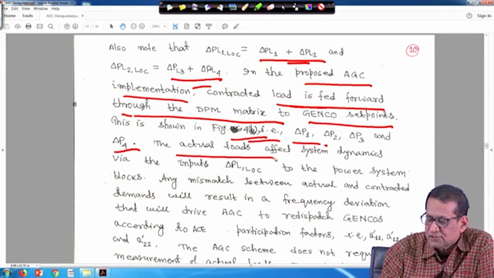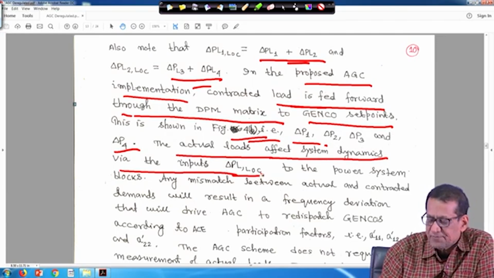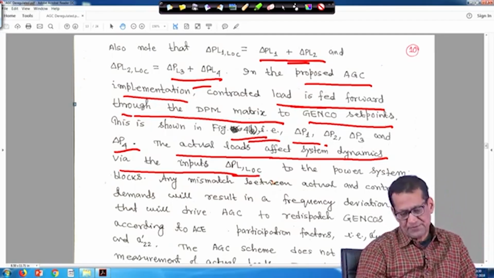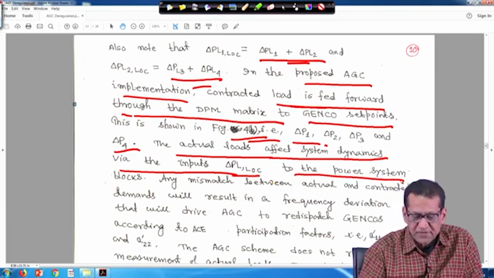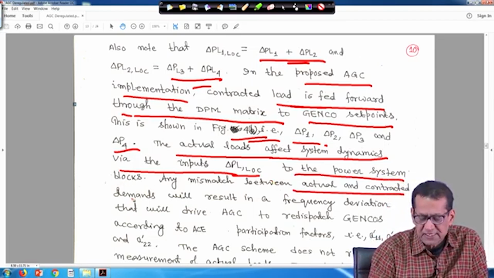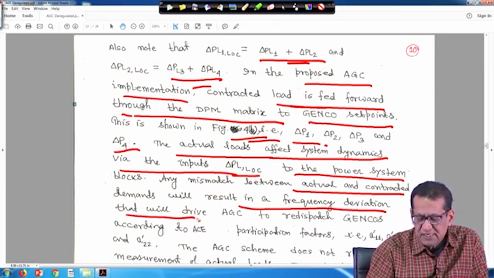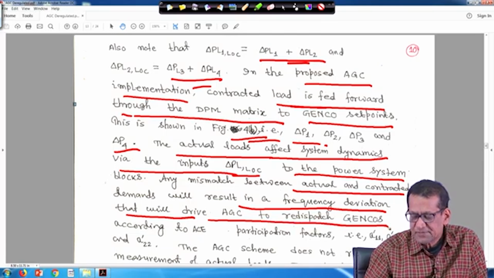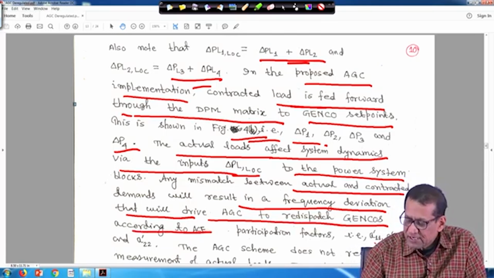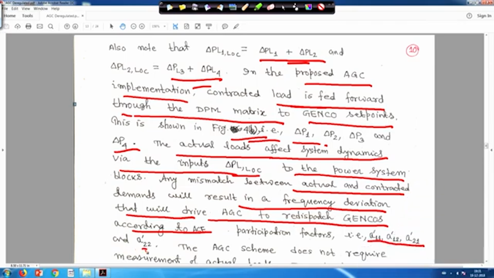The actual loads affect your system dynamics via the inputs, in general delta PL1 local and delta PL2 local, to the power system, right. That is the power system block. Any mismatch between actual and contacted demands will result in a frequency deviation that will drive AGC to redispatch GENCOs according to AC participation factors, that is A-11, A-12, A-21, A-22, right.